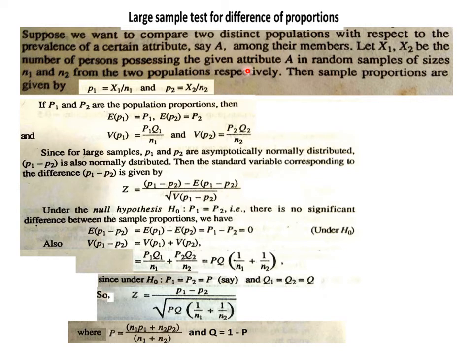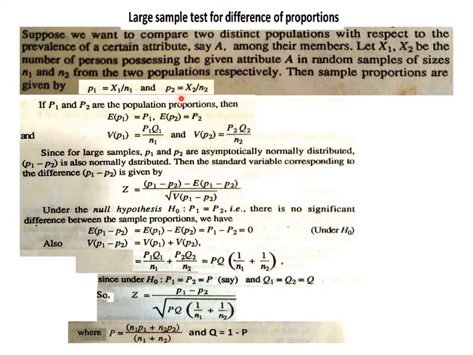Then the sample proportions are given by small p1 as the first proportion and small p2 as the second proportion. How? x1 out of n1 are following attribute A, so the proportion is x1 upon n1, defined as small p1, and x2 upon n2, defined as small p2.